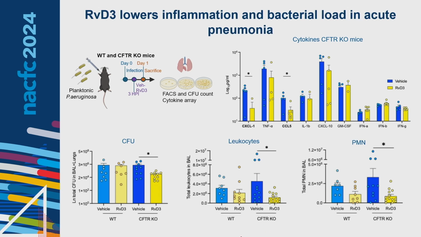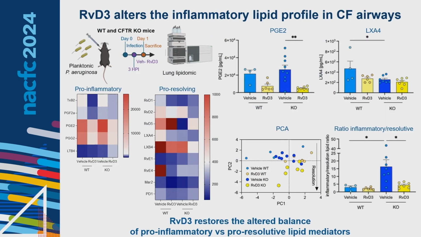These results to us suggest that resolvin D3 is stimulating the resolution of inflammation. Consistent with this hypothesis, we also found a reduced expression, in mice treated with resolvin D3, of a couple of cytokines involved in immune stimulation.